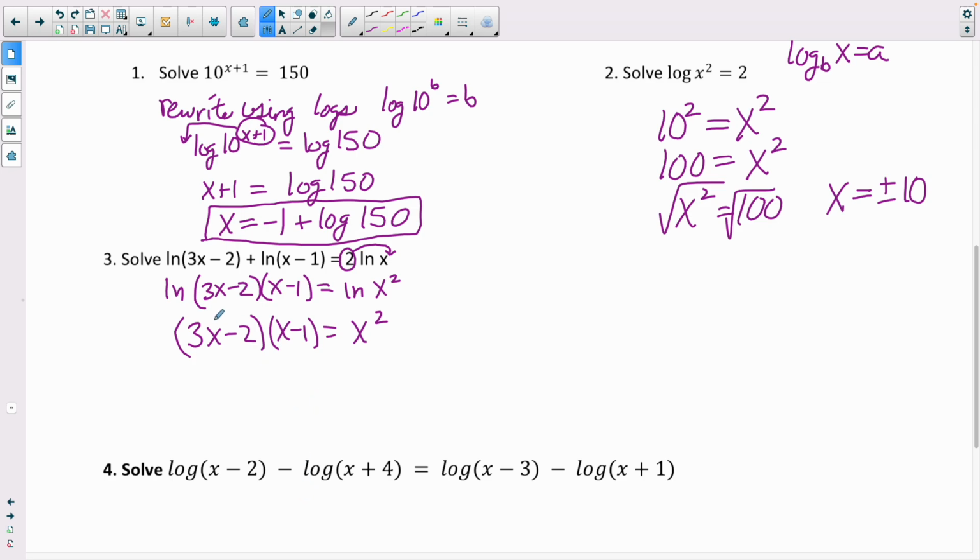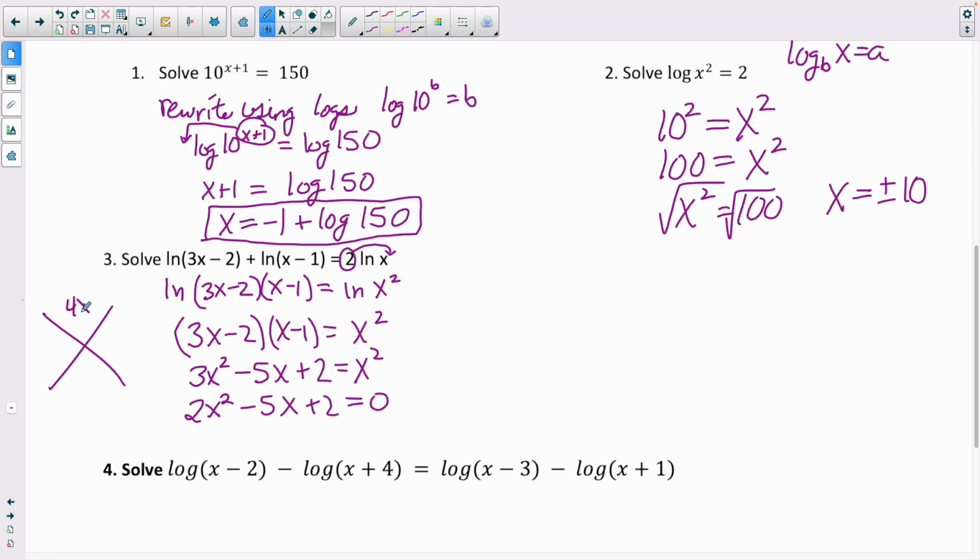And now I need to solve this. So I'm going to FOIL this out. 3x squared minus 5x plus 2 equals x squared. It's a quadratic, so I need to set it equal to 0. So 2x squared minus 5x plus 2 equals 0. I'm going to factor this. So 4x squared, negative 5x. So two numbers that multiply to 4 and add to negative 5. That's negative x and negative 4x.